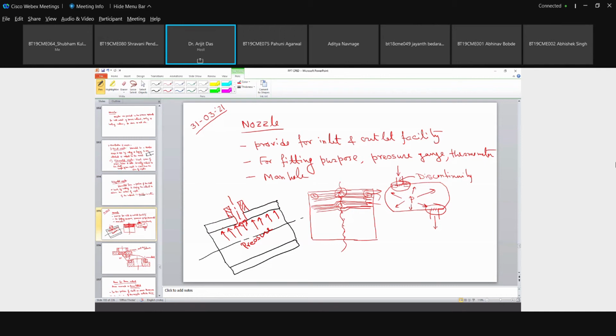You may reach up to 45, 46 degrees Celsius, and in the winter it may go down to even 10 degrees Celsius. So fluctuation is there. Then localized stress changes due to the change of the directions of the material there, and you are using it over time by different cycles, so there may be a possibility of failure of the material in the vicinity of the nozzle.